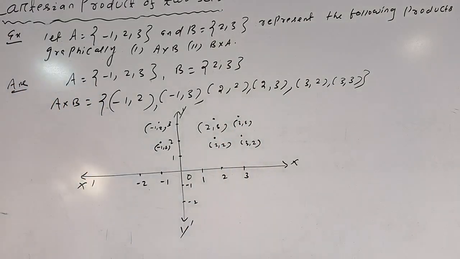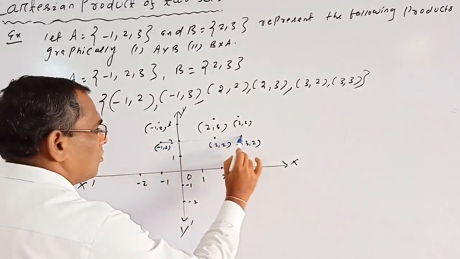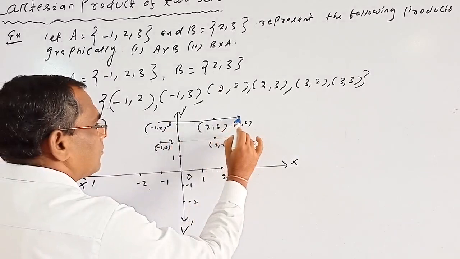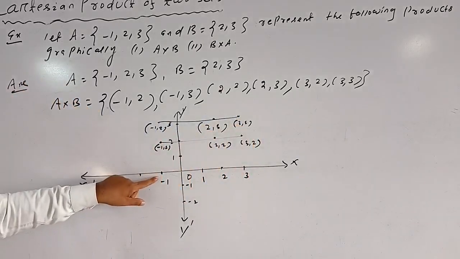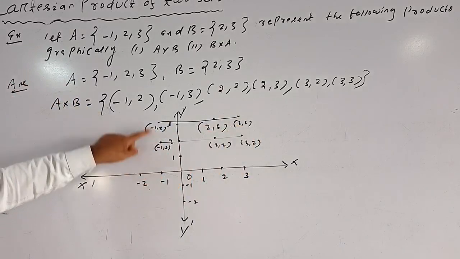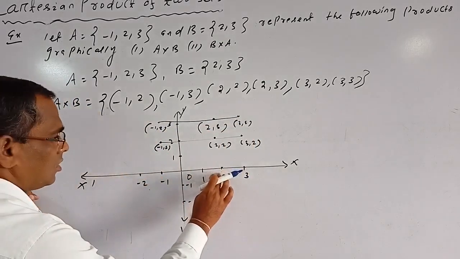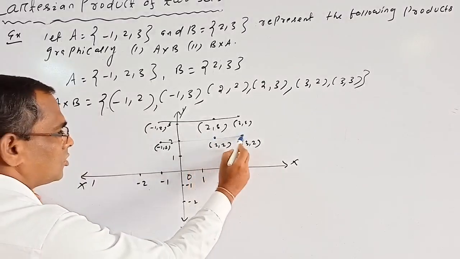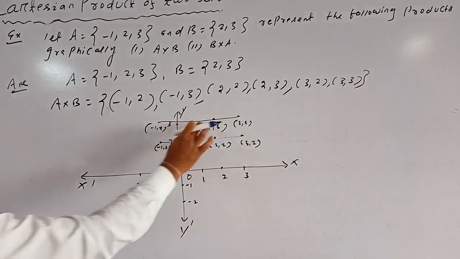Okay. So these are the points. Suppose we join these points. Here (-1, 2) and (-1, 3). This point is (2, 2). This point is also (3, 2). This one is (-1, 3).